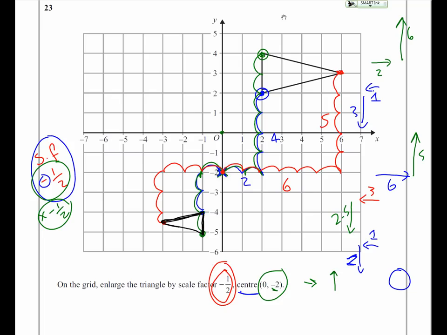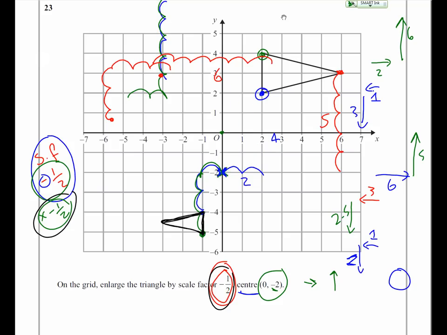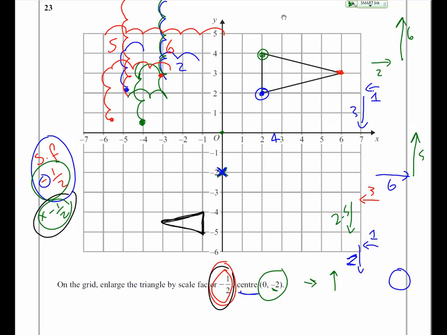So can you see it's flipped it around? And that's what happens when you have the negative scale factor. Now, I always recommend drawing guidance lines. So let's get rid of these jumping lines that we were putting on. And actually, if you're confident with these, you might just be able to do this question with these projection lines that I'm going to show you now.